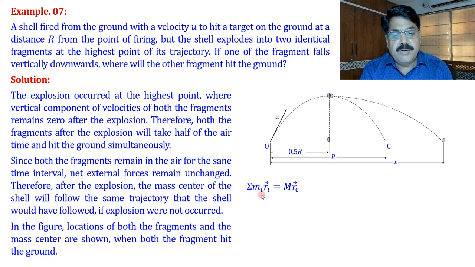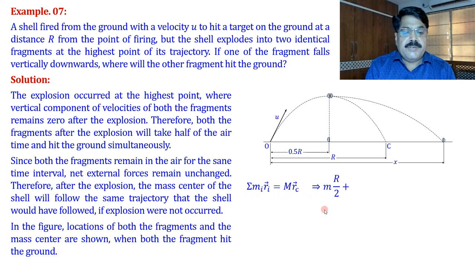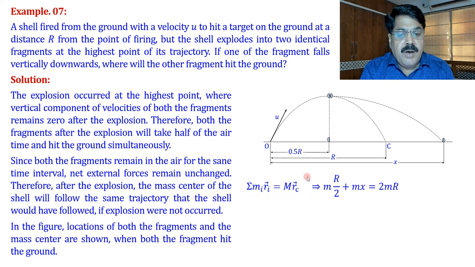In scalar form, this mass is small m, and the total mass of the shell is 2m. For the first particle, m into r by 2. For the second particle, m into x, which is unknown. For the mass center, total mass 2m into r, because it is at distance r. By solving this, you get x equal to 3r by 2.